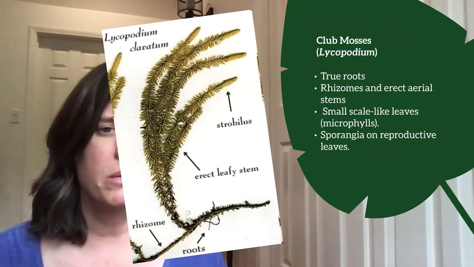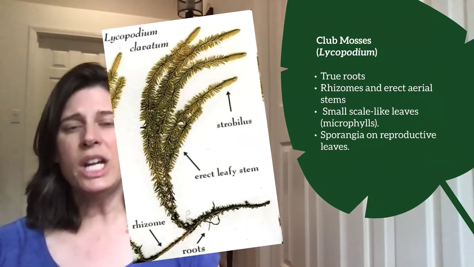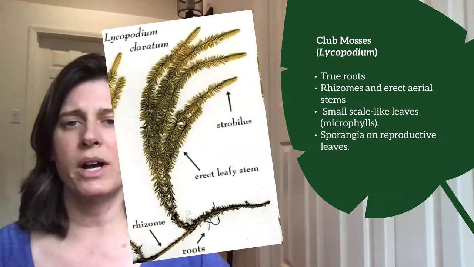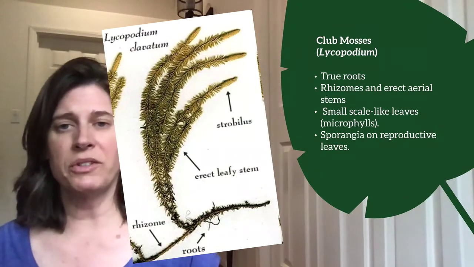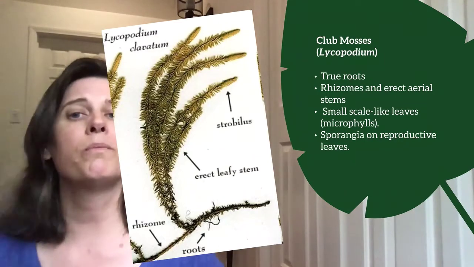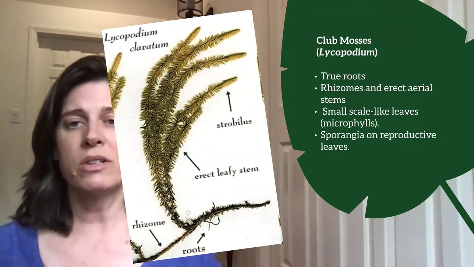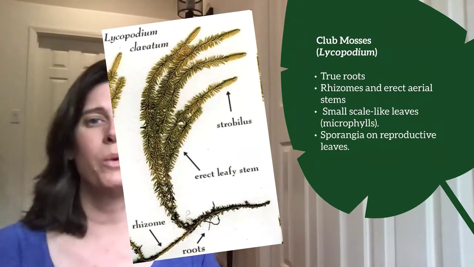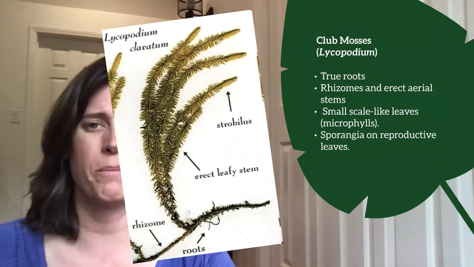So under club mosses I put Lycopodium. Lycopodium is the genus name for this group. We're going to get more and more involved with scientific names toward the end of the semester, but I'm going to start introducing them so that you become more familiar with them as we go through the semester. You're not responsible for remembering scientific names now, but by the end of the semester, you will. You'll start to use them more and more, and it'll be easier for you to use them.